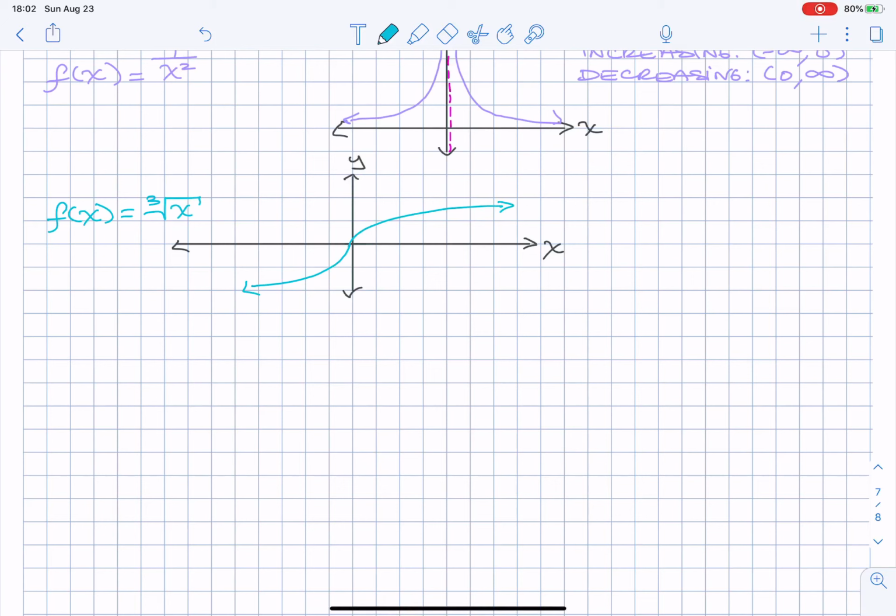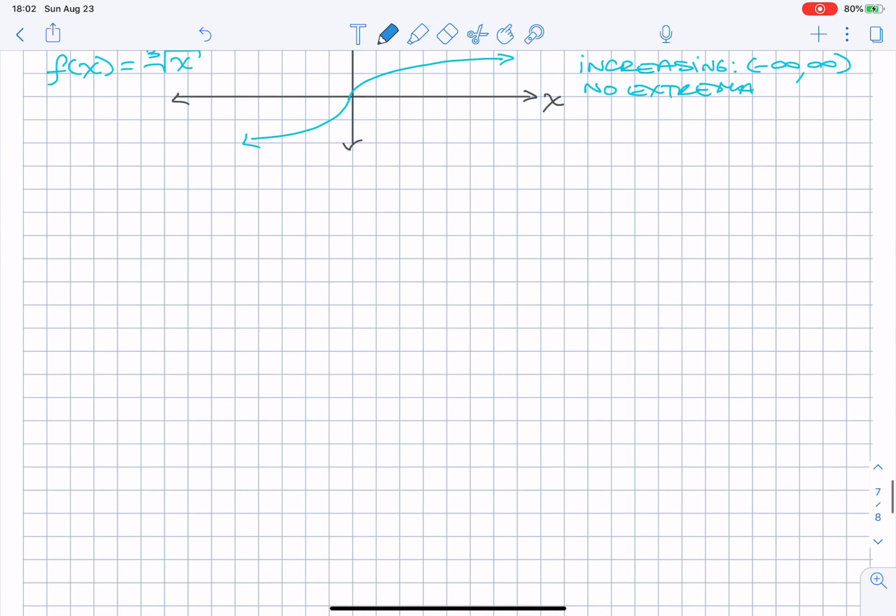So it's always going uphill in reading direction, so it's increasing everywhere. From all the way to the left to all the way to the right, so minus infinity to infinity. But there's no extrema. Okay.